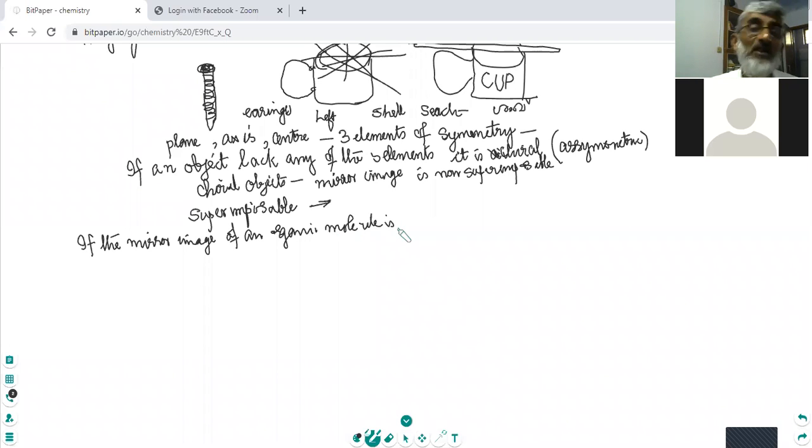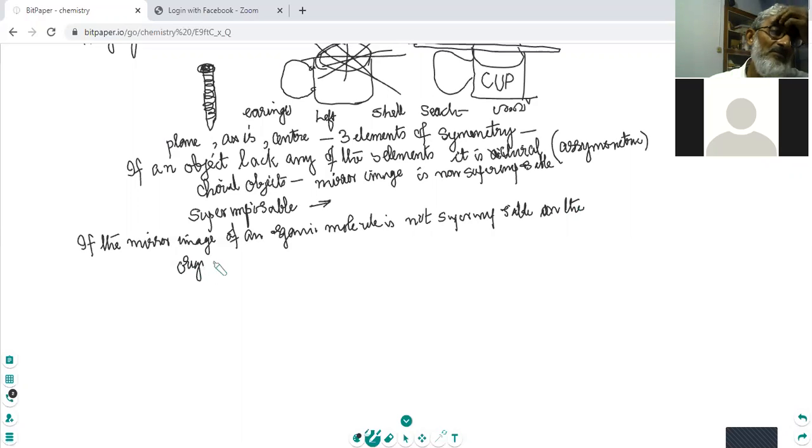If the mirror image of an organic molecule is not superimposable on the original molecule, it is a chiral compound.